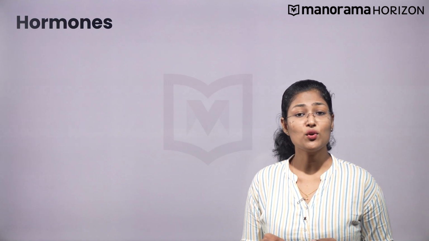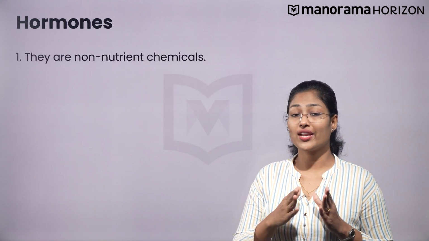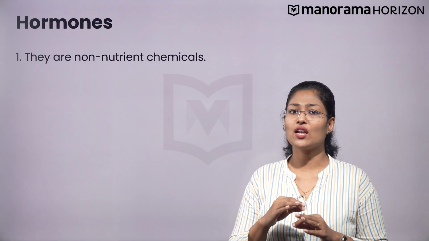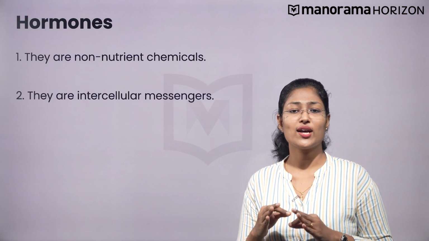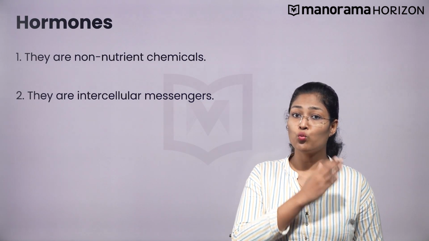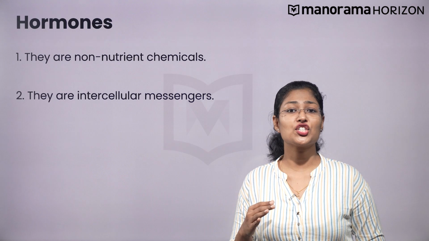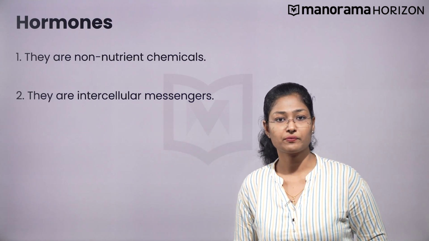So, hormones are the molecules with the following specific features. Let us check. They are non-nutrient chemicals, which means that they are not the source of nutrition. They are intercellular messengers, which means that hormones are released from one cell and affect the functioning or the physiology of another cell, the target cell.